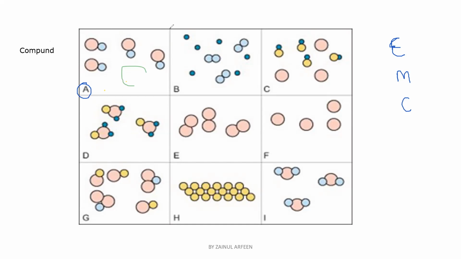So the first one, that is a compound. You can write it on this. So that's right. What about B? B, different types of atoms or molecules, so it means it is a mixture.